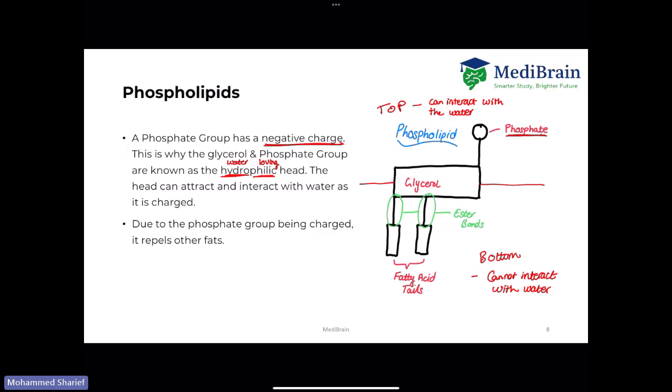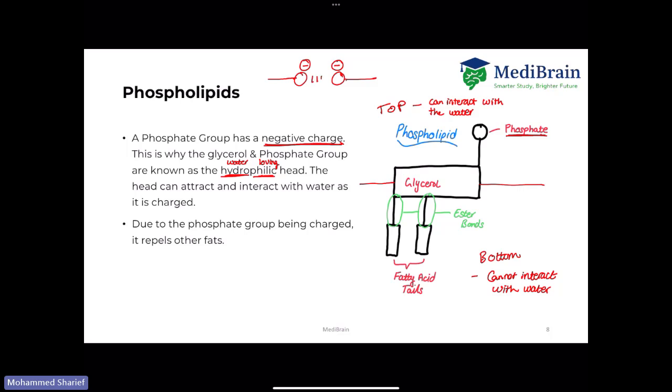Okay, now what happens is that because this phosphate group is charged, it repels the other fats. Okay, it has a negative charge on it. So if it is faced with another phosphate, it's going to repel it. Okay, so think about it. We've got one phosphate over here and we've got another phosphate over here. Both of these are negatively charged.